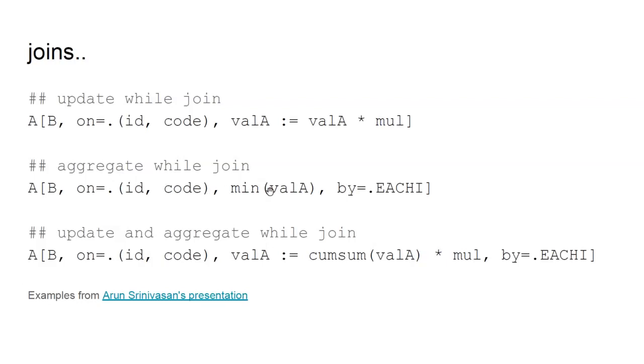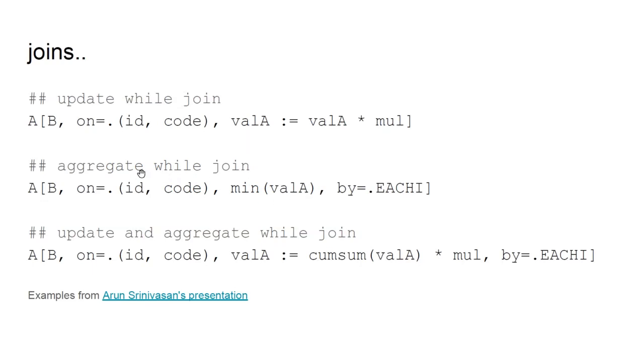So for each matching ID and code, it will compute the j argument, and it will not do it all at once, but for each group separately. That's why it can still fit into memory. If we first have to join data and then do this aggregation, then we have to materialize the joined data.